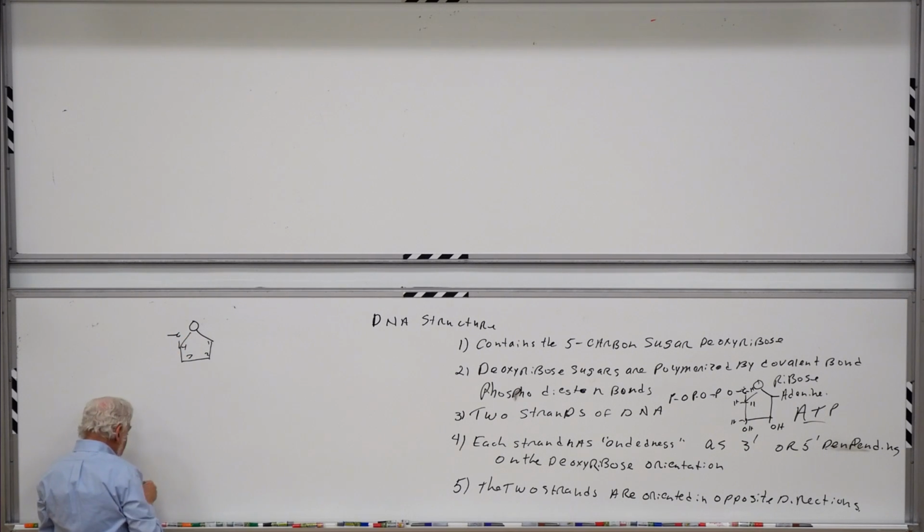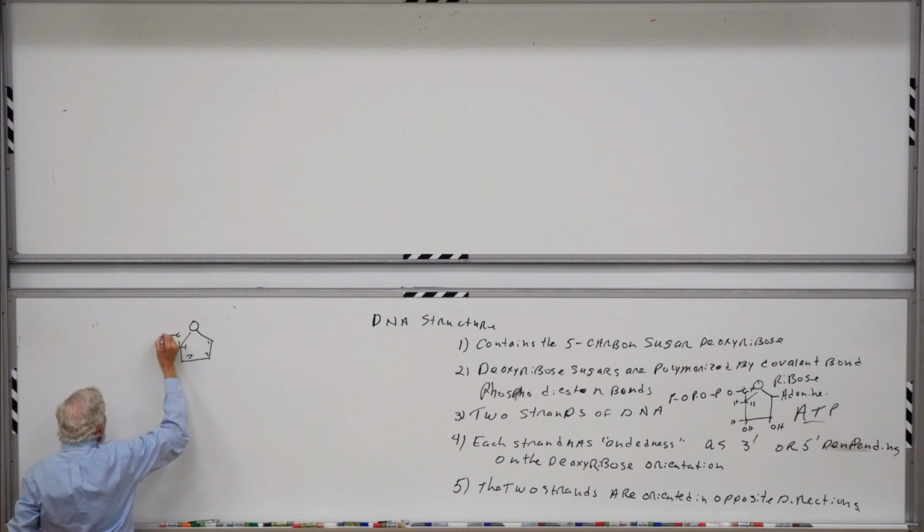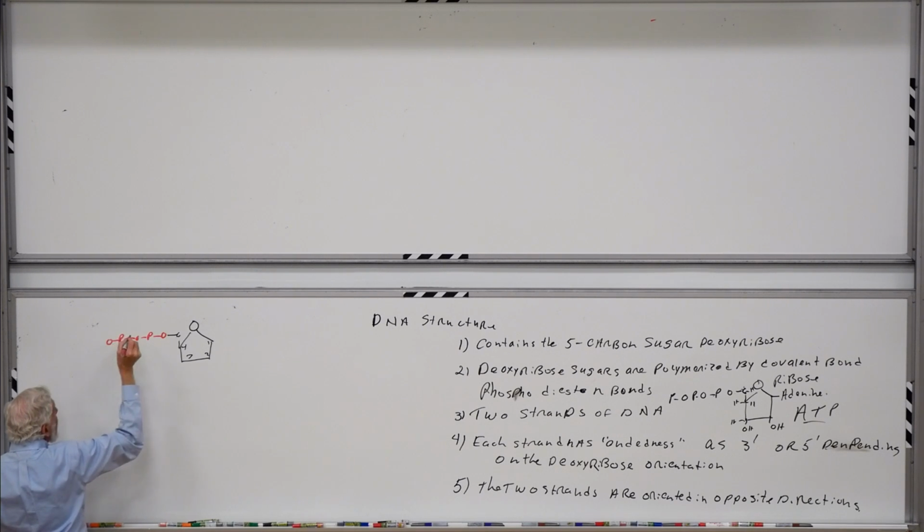It's going to be linked at the number 5 carbon with an oxygen, a phosphorus, an oxygen, a phosphorus, an oxygen, a phosphorus, and an OH.